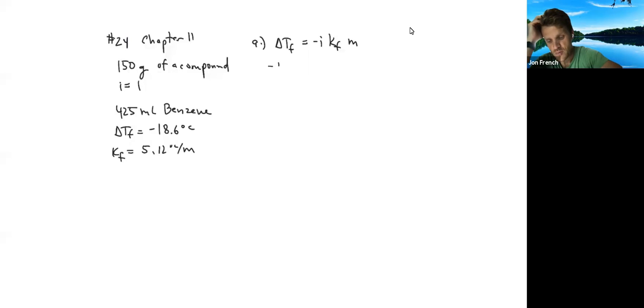My change in freezing point is 18.6 degrees, our Van't Hoff factor is 1, and our freezing point constant is 5.12 degrees Celsius per molal times molality.